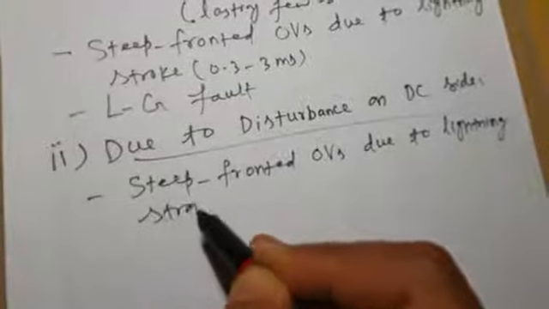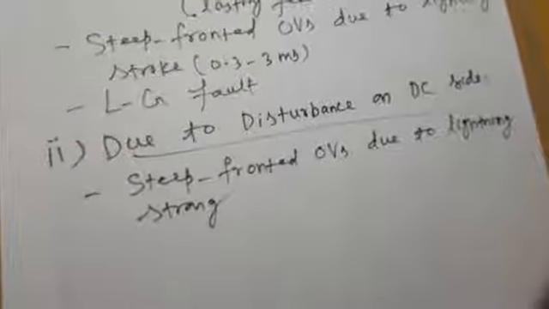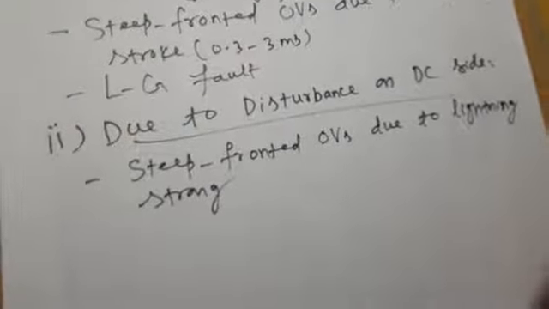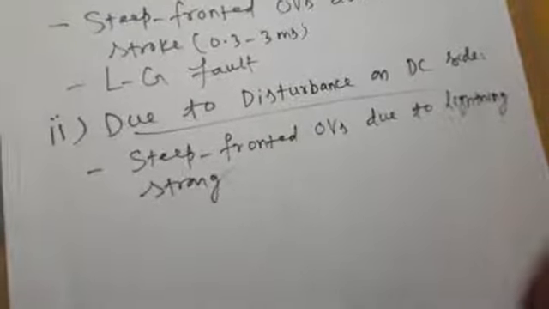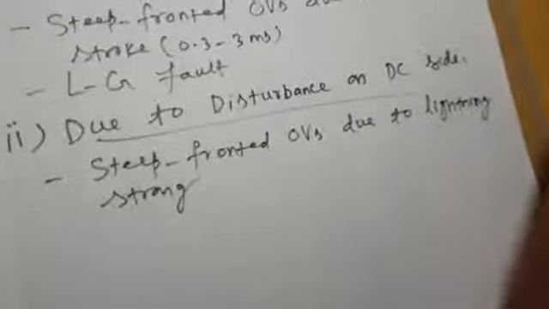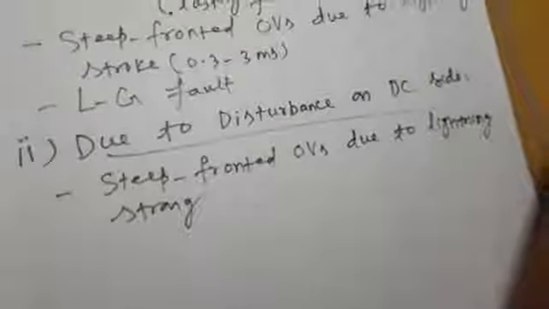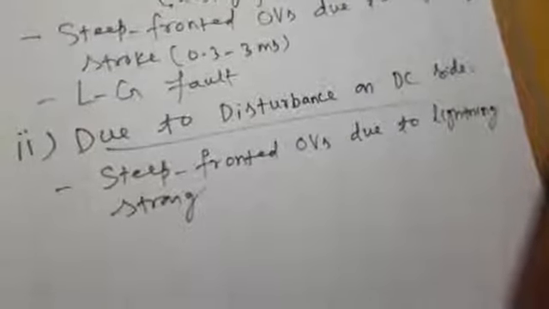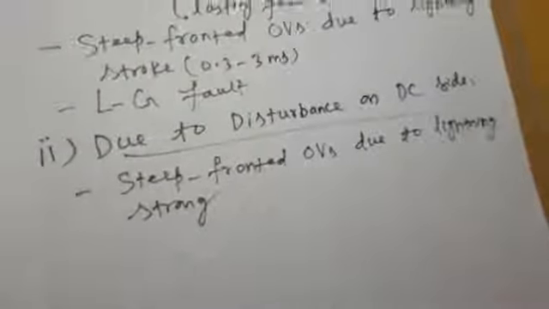Since your transmission line, DC transmission system, is exposed to atmosphere, anytime steep fronted overvoltages may occur due to lightning stroke. Lightning may strike your DC transmission line, and that will cause overvoltage in your HVDC converter station, in your HVDC system.